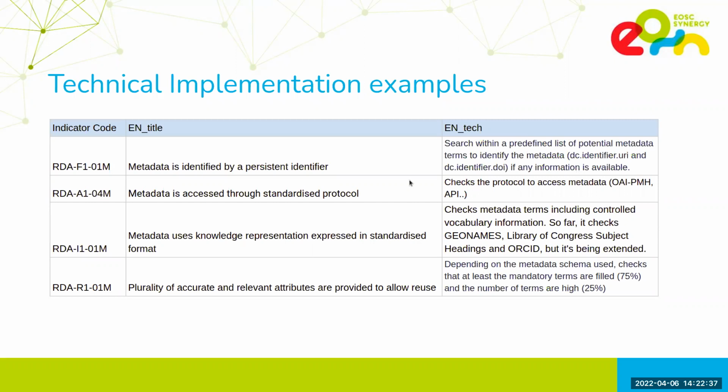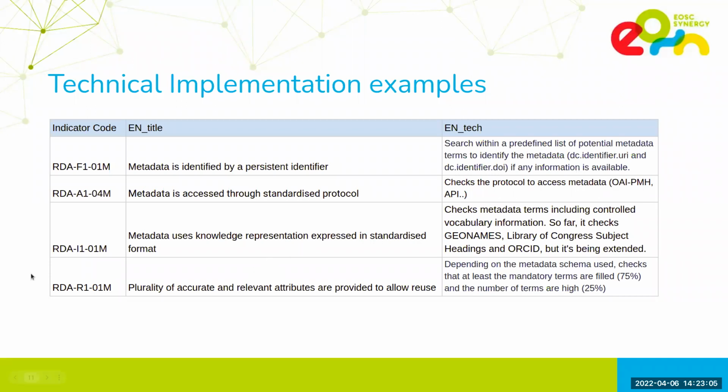For interoperability, one of the indicators says that the metadata should use knowledge representation expressed in a standardized format, which means, for example, controlled vocabularies. So far we are implementing the checking of different controlled vocabularies, and we check the metadata to see if some of them are representing some information within the metadata.